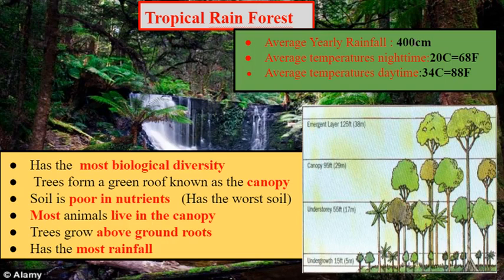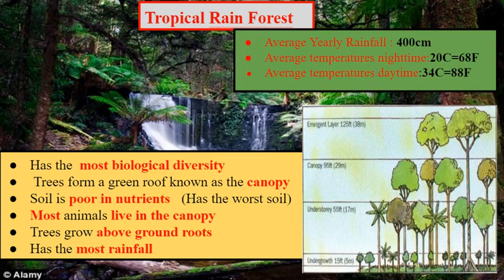Now, the average temperature in the nighttime is going to be roughly 68 degrees Fahrenheit, and our average temperature during the daytime is going to be roughly 88 degrees Fahrenheit. Now, we have normally talked about our temperatures varying on season. But now we have our average temperatures for our nighttime and our average temperatures for our daytime.